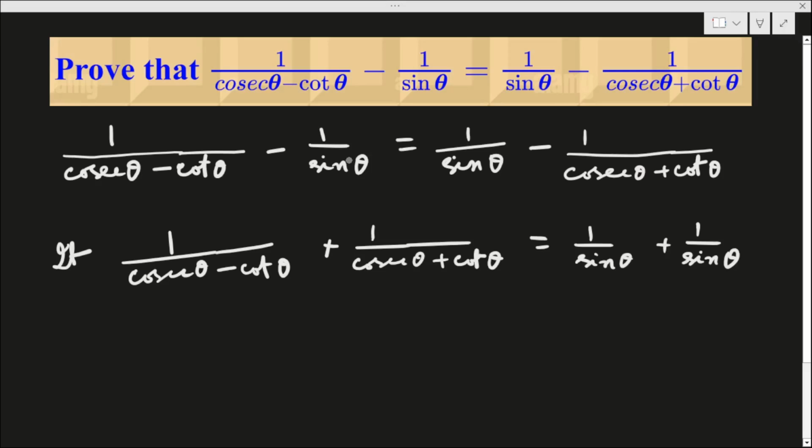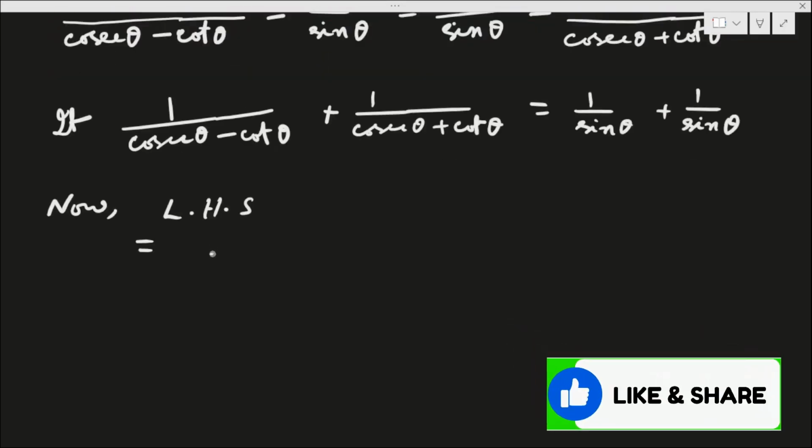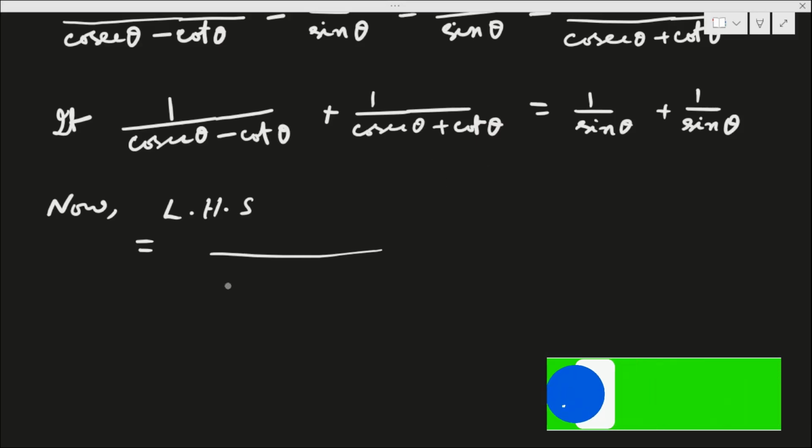Now consider left hand side. Left hand side is equal to adding the left hand side terms, with LCM cosec theta minus cot theta into cosec theta plus cot theta.